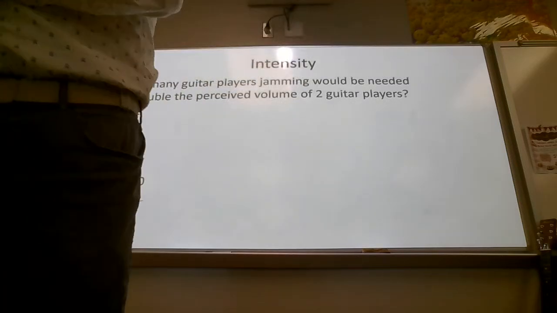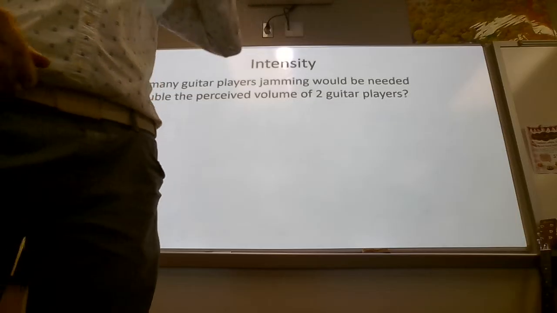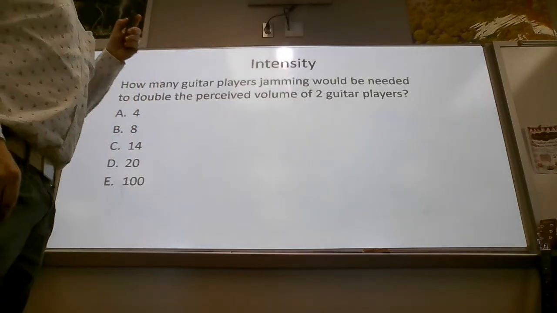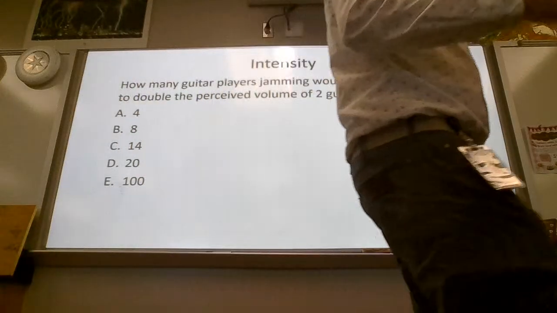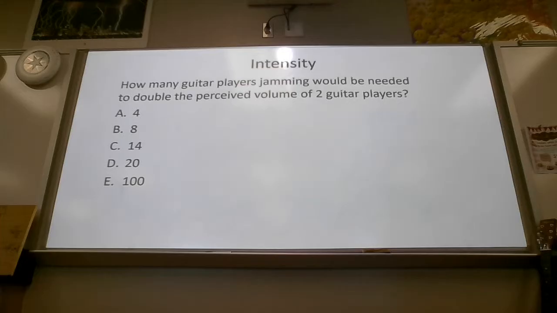Okay? Good with that? All right. If we double the perceived volume, that is 10 times the intensity, 10 times the number of sources, because intensity and number of sources go hand in hand.